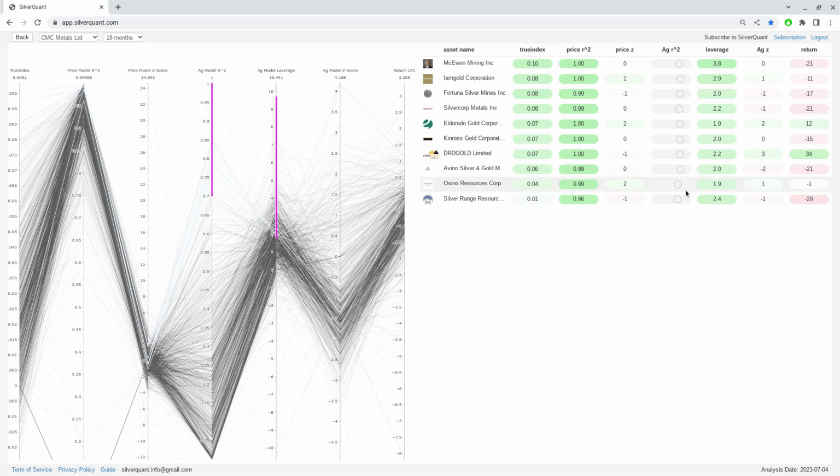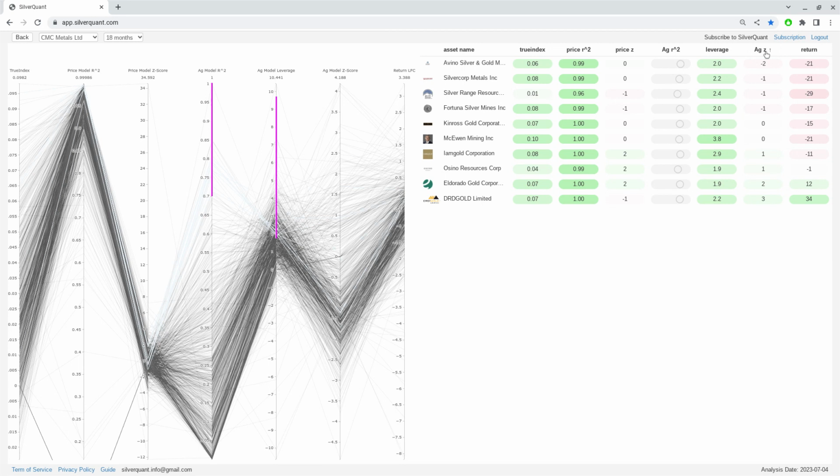Okay, and so what we see on the right are the associated stocks. We have a column for each of the variables over here, and they are sortable. So let's go ahead and sort by the silver z-score. So we're now employing 3 variables all at once. We're employing the R-squared value, the leverage value, and the z-score value.